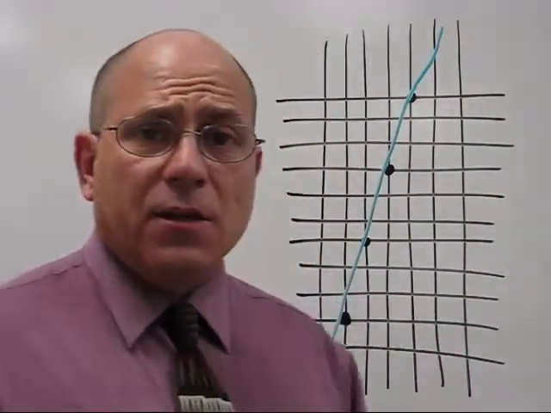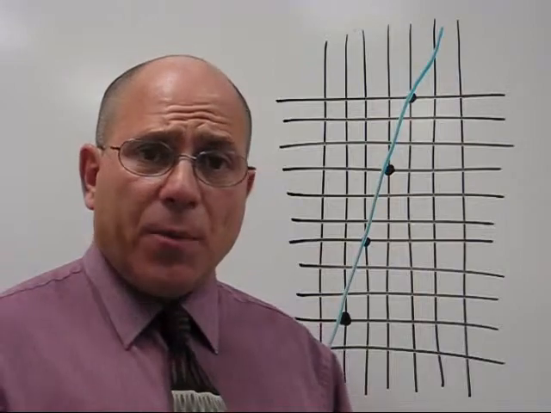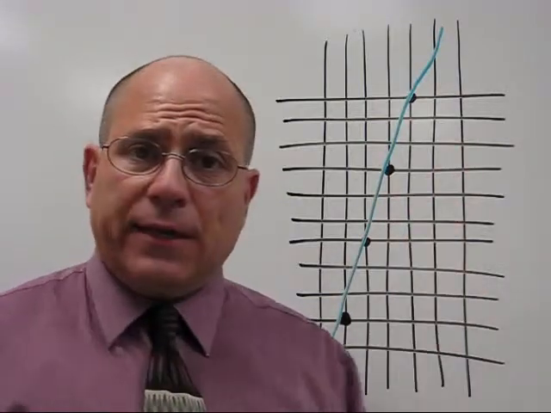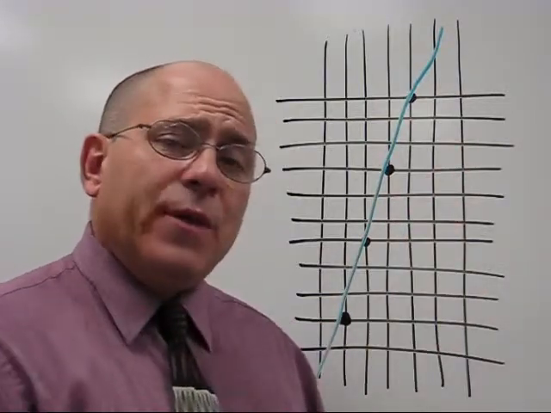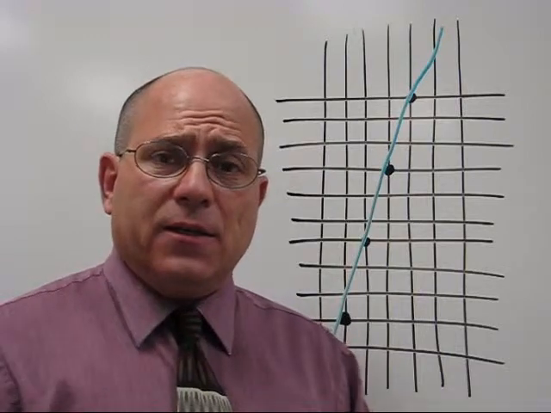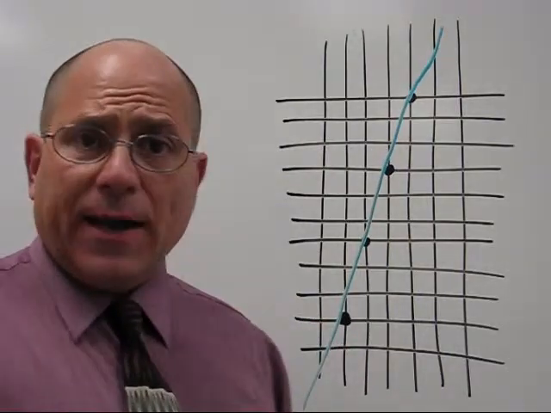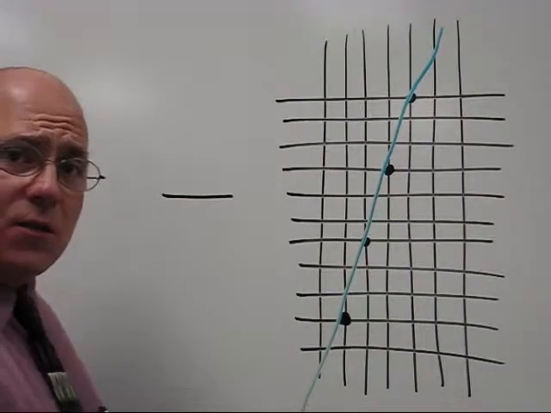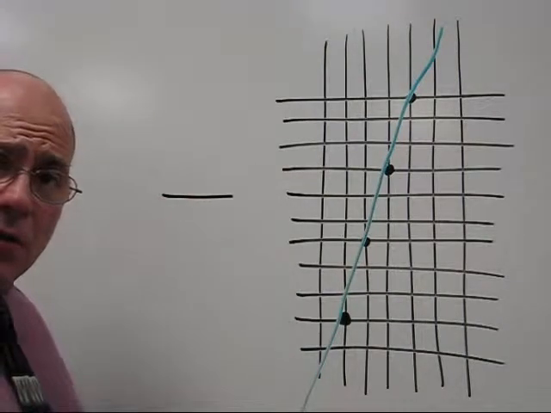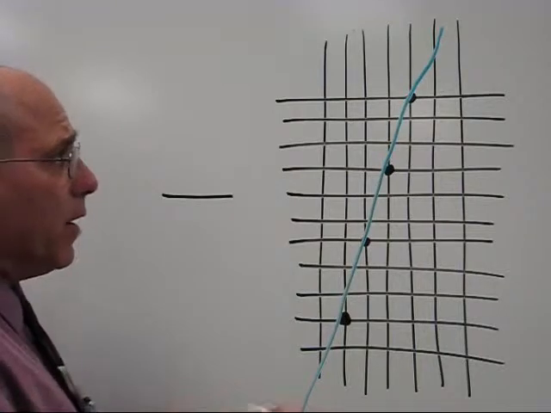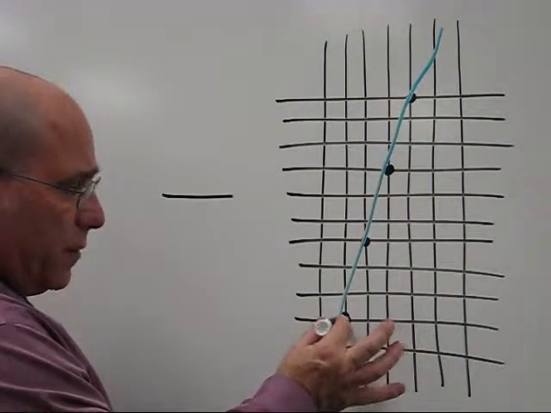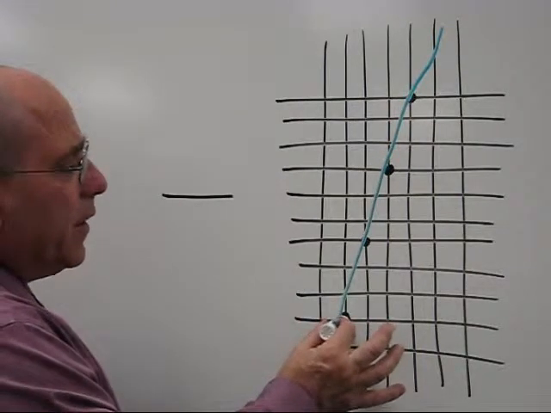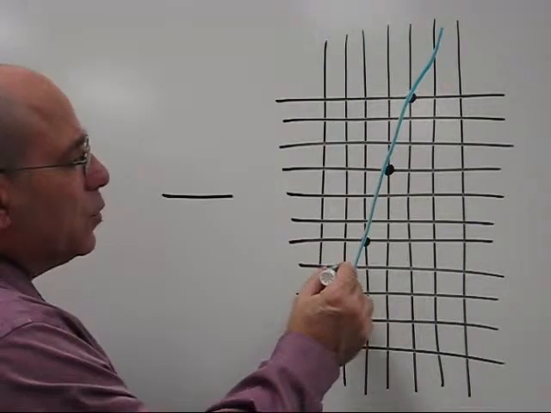Now, on testing, they could be asked to determine the slope based on the figure that they see. In that case, what they're being asked to do is to come up with the rise and the run. All right? And so the way I've taught them to do this is to get started like this, having your little fraction bar, and then count from the first coordinate. From here, we went up 1, 2, 3.